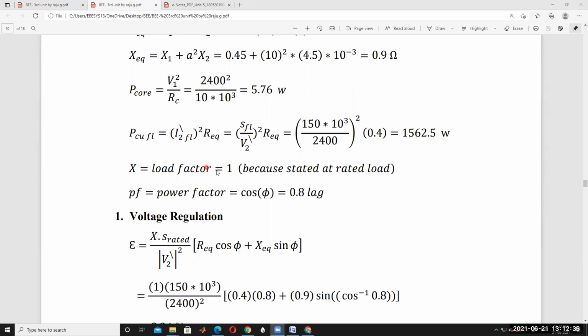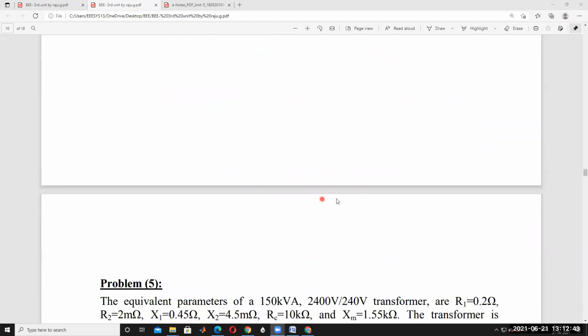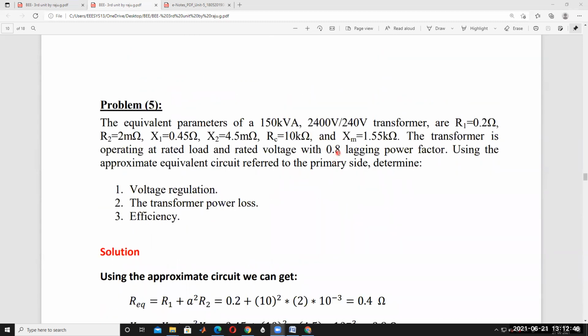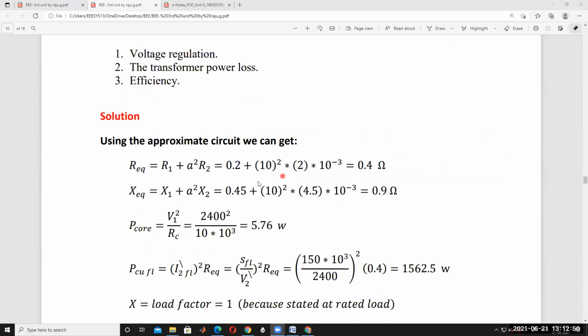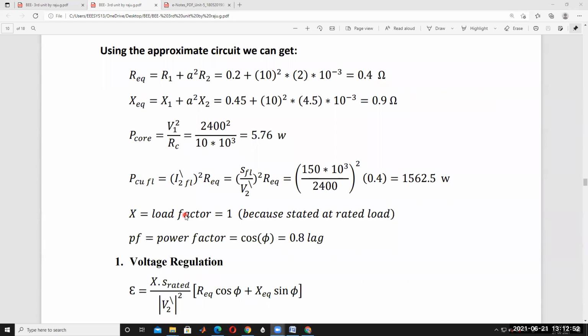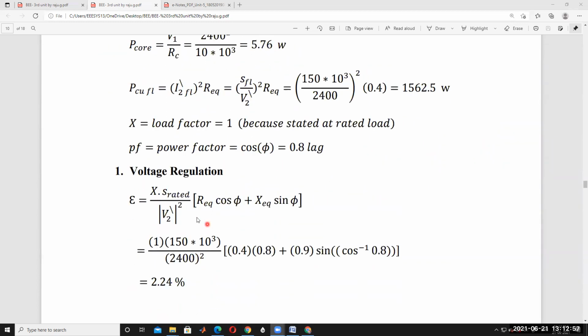X is the load factor, which is 1 because it is stated at rated load. The power factor cos phi is 0.8. These are all rated conditions, that's why full load condition, and X is equal to 1. Then the voltage regulation at full load uses X into S rated, the kVA rating of the transformer, divided by V2 dash square, where X is the fraction of load.